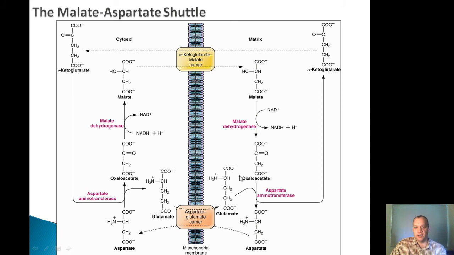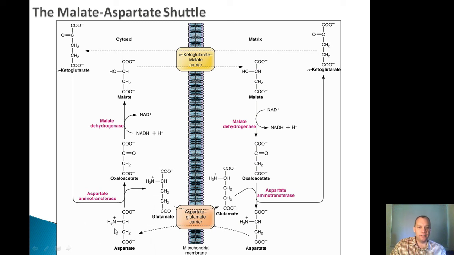So oxaloacetate and glutamate are then used by an enzyme called aspartate aminotransferase to produce both aspartate and alpha-ketoglutarate. And both of these can be carried out of the matrix. As we said, alpha-ketoglutarate is carried out while malate is being carried in through the alpha-ketoglutarate malate carrier, and the aspartate glutamate carrier will allow aspartate to be carried out of the matrix of the mitochondria and glutamate to be carried in.